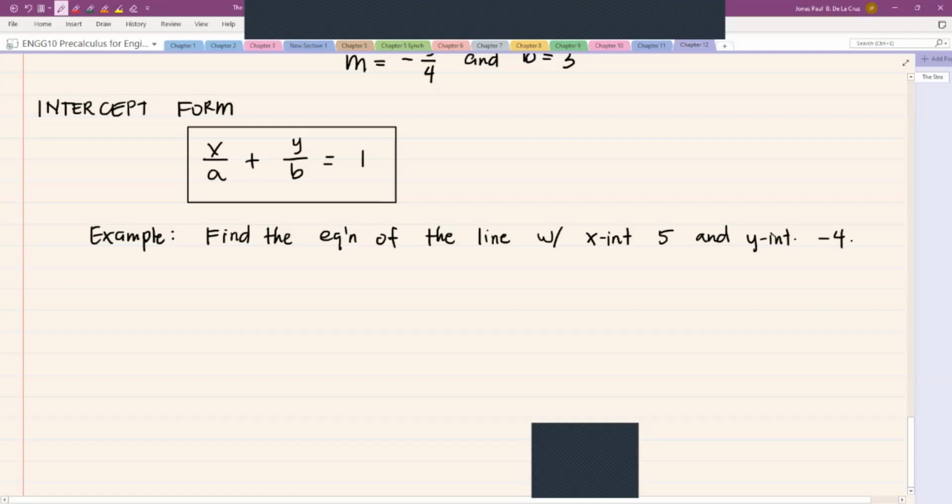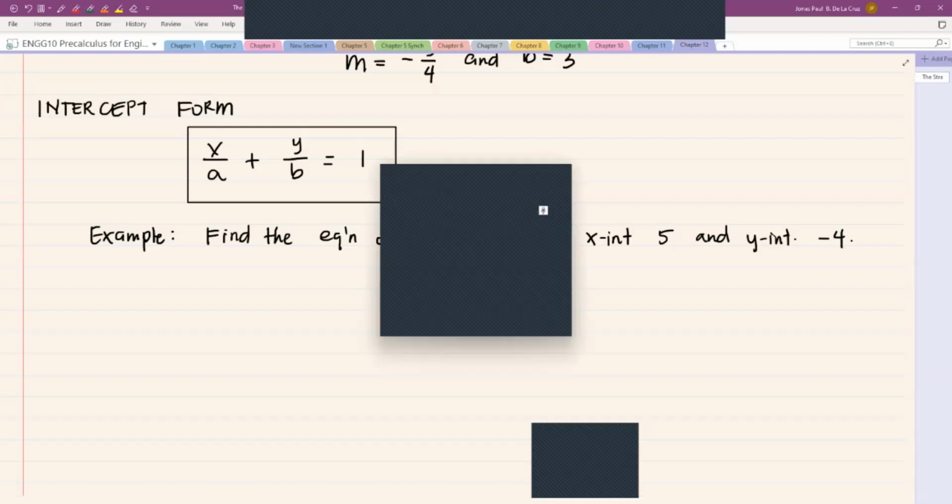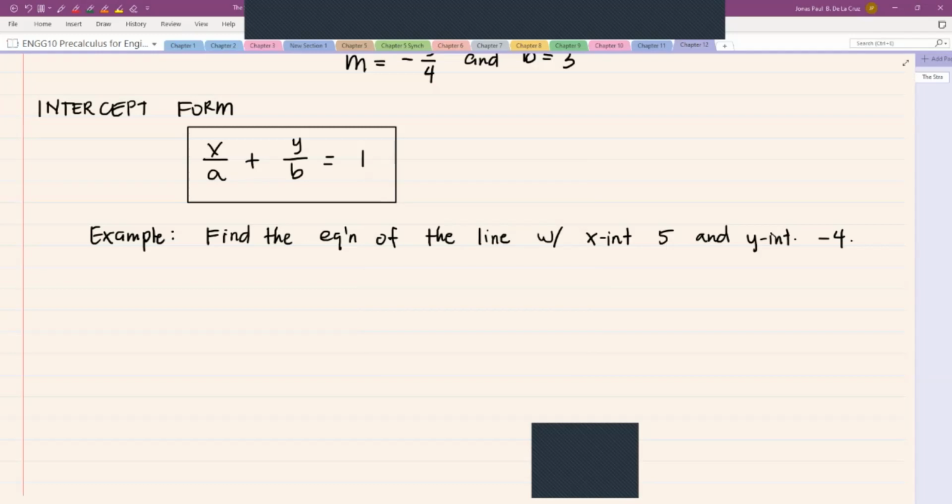Okay? So diretso lang ito na substitution dito sa formula natin. So x over a is the x-intercept, so that's 5. X over 5 plus y over b, that's y over negative 4, is equal to 1.